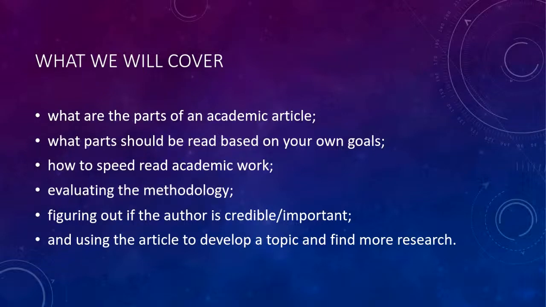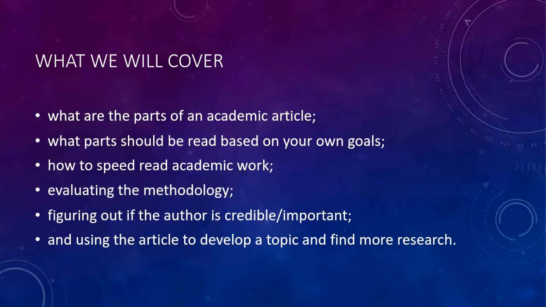Then, of course, we're going to talk about speed reading academic work. Then we're going to talk about evaluating the methodology of the work. What should you look for to figure out if this is something that is going to be valuable to you, or valuable in the future.